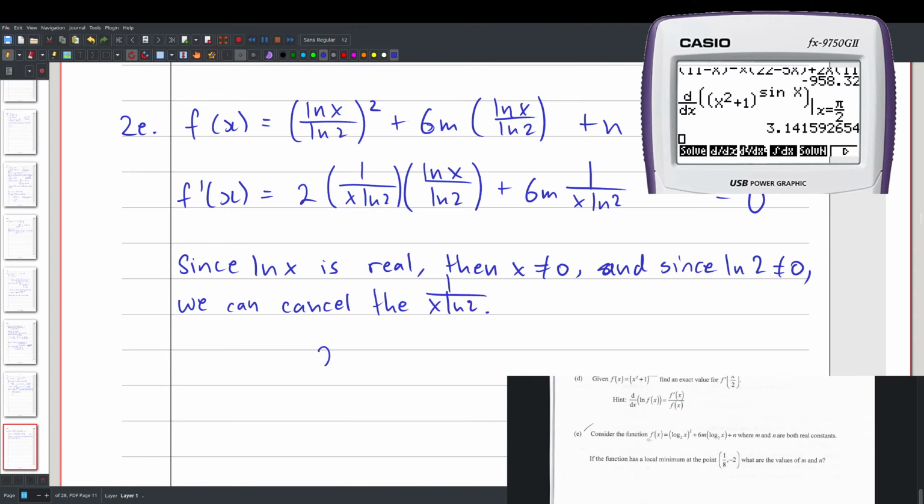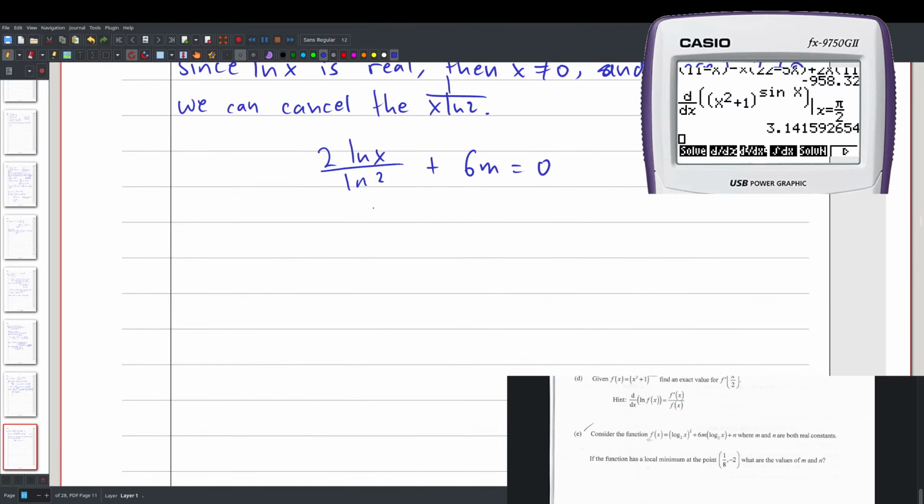So you got 2 ln x on ln 2 plus 6m equals 0. So you go ln x is equal to negative 3m ln 2.